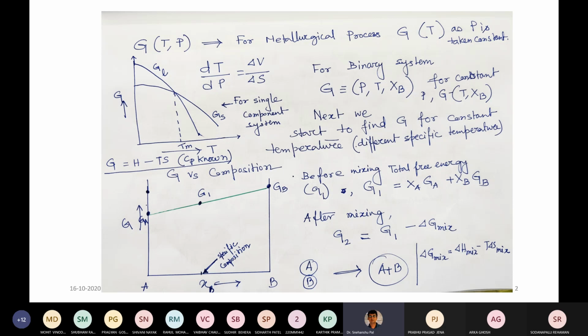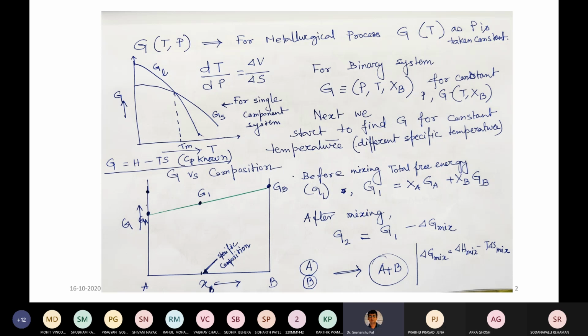So this is the scenario. Before mixing we got G1 equals XA into GA plus XB into GB using the rule of mixtures, and after mixing we get a new Gibbs free energy, G1 minus del G mix.